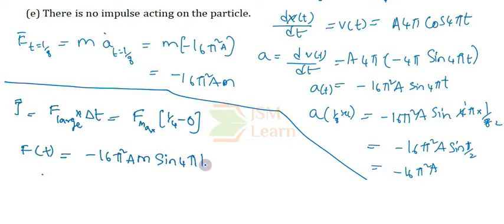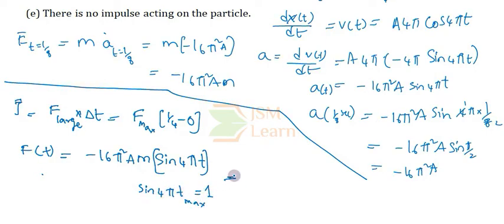In order to get the maximum value of force, we need the maximum value of sine 4 pi t, because these all are constants and don't affect it. We know that the maximum value of sine 4 pi t is equal to 1.